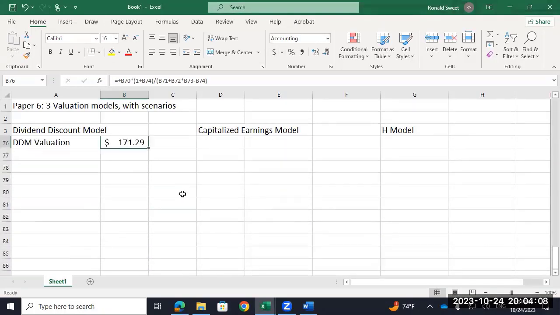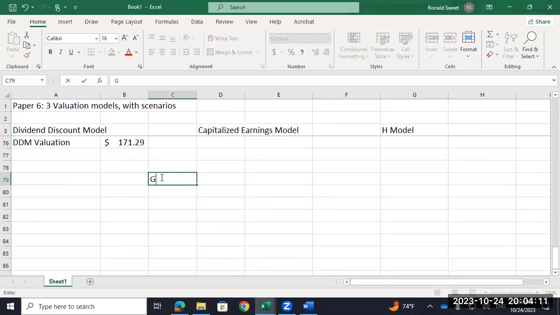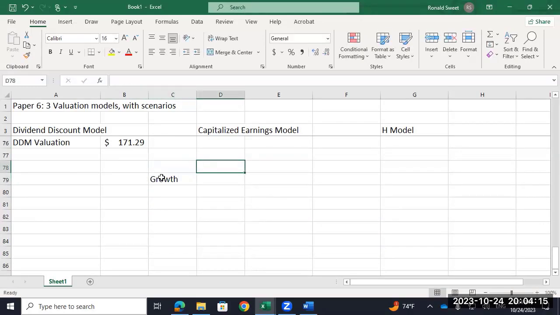Right, so what I'm going to do is have different growth rates and different betas. Growth is going to come down here. Betas can go there.